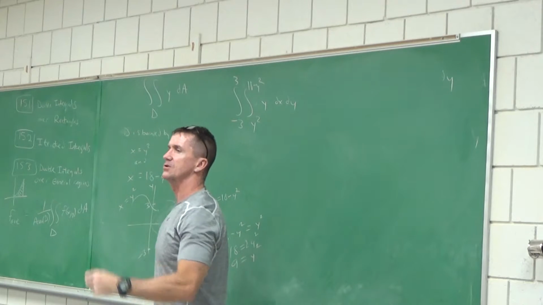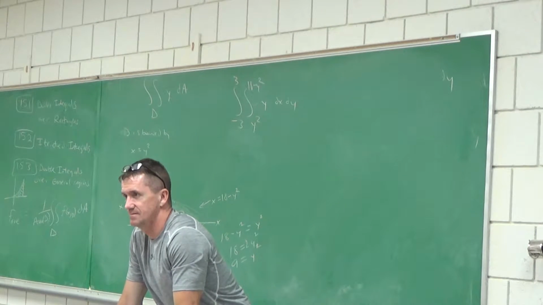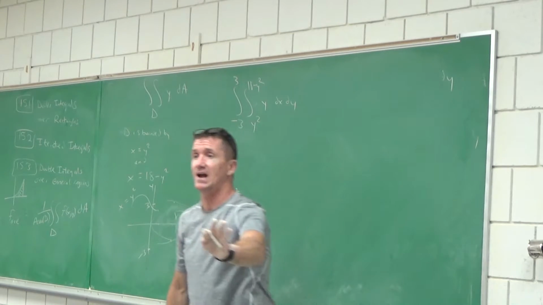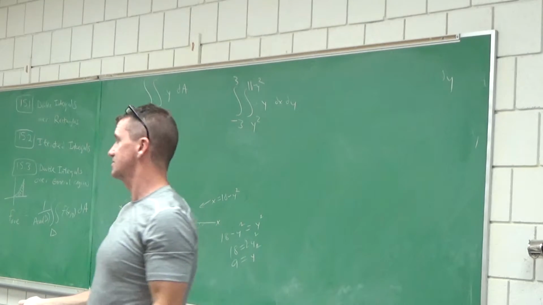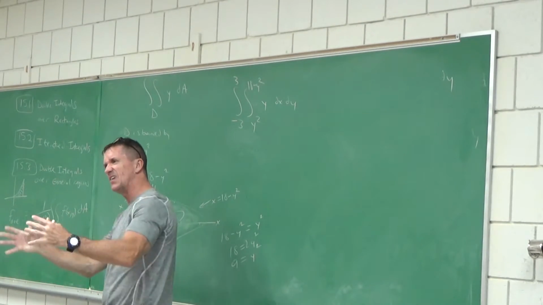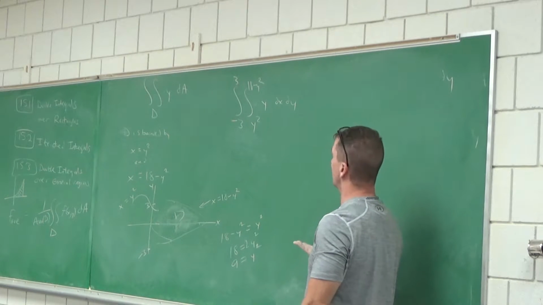Guess what would happen if I switched it around? You would get negative what the actual answer is. Hey, some answers can be negative though. I want to point that out. Don't freak out. You can get negative answers for double integrals, just like you got negative answers for single integrals. It's like a net volume or net area, like we did in Calc 1. Or you could get a 0.